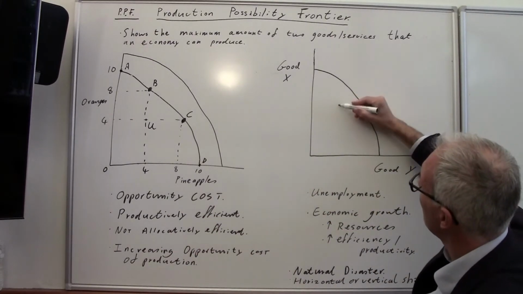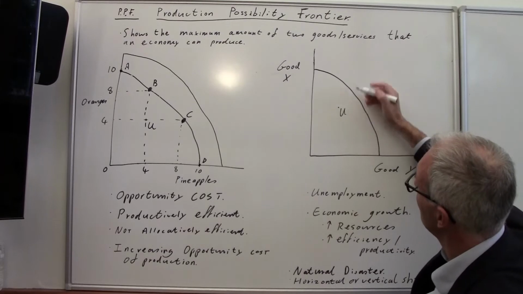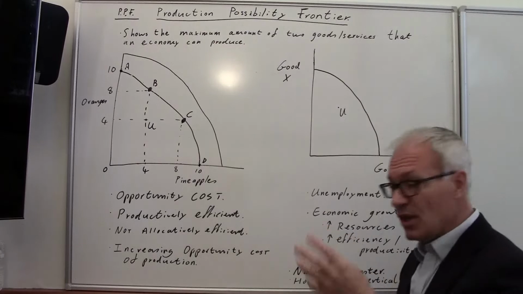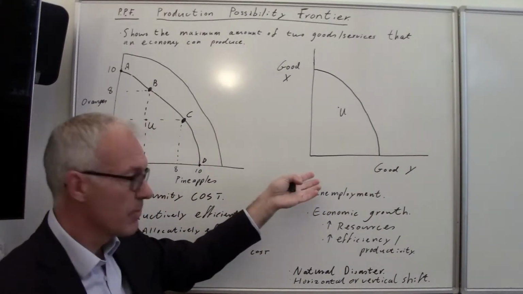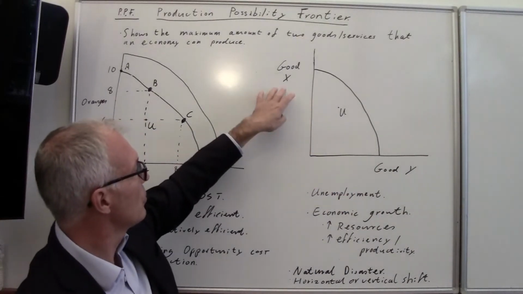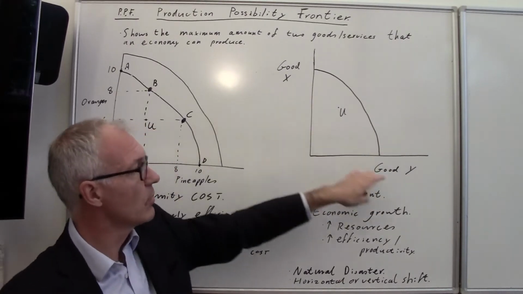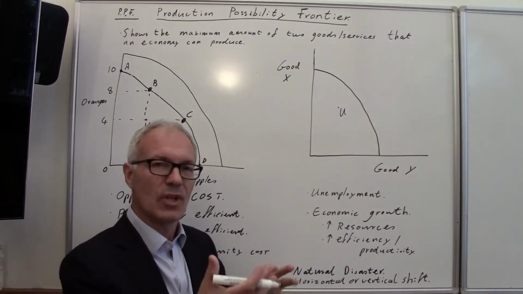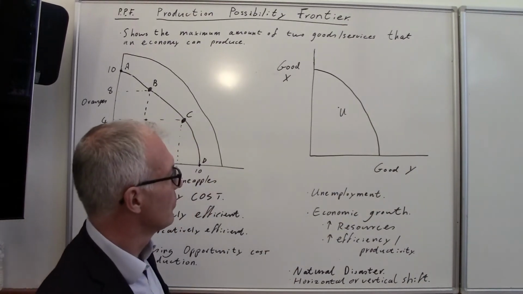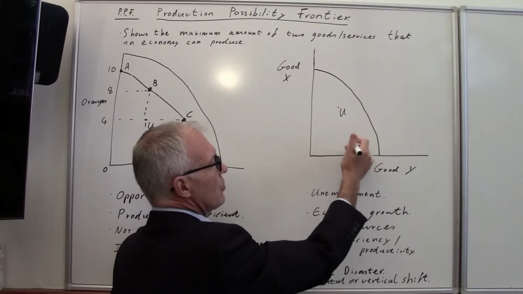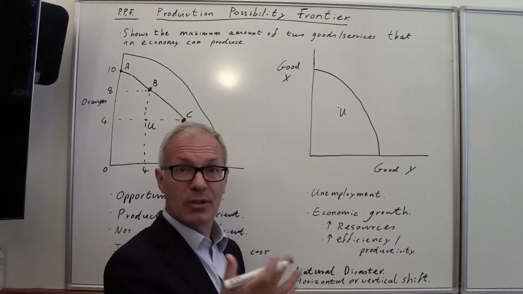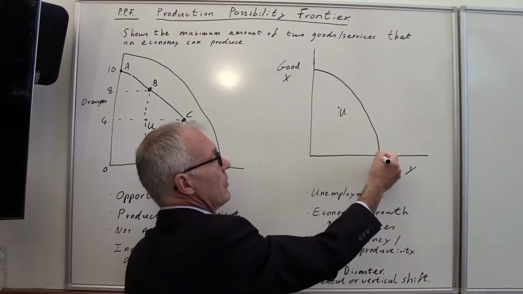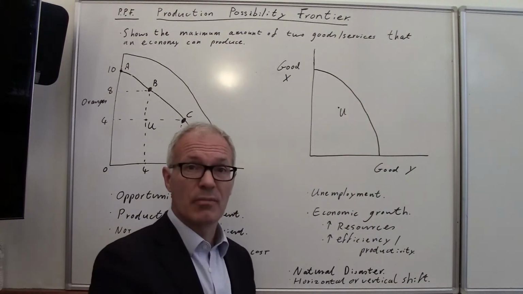As I said, if you have unemployed resources, you're at some point within the line. If you're using this diagram in an exam, you might just want to put good X or good Y, or good A or good B, or capital goods and consumption goods, or whatever suits. Okay, so if you have unemployed resources, such as unemployed labour, capital, land, you're going to be inside the PPF, okay, and you're not maximising your output.